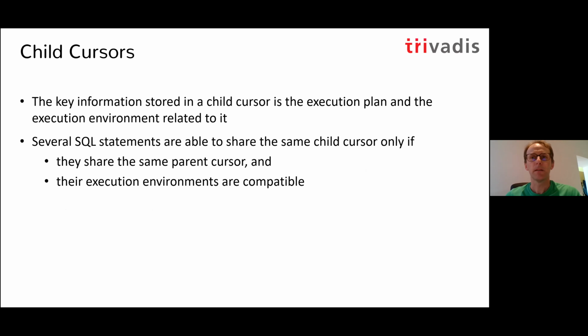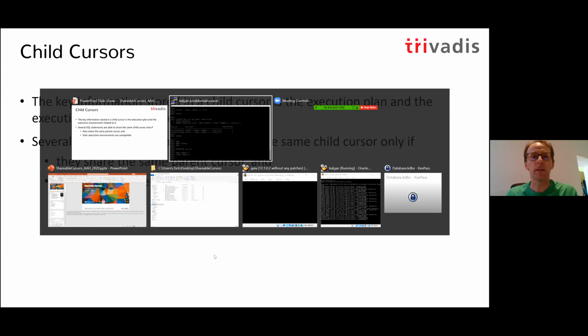Everything used by the database engine to execute the statement must be exactly the same, because if you re-execute the query in two different environments and they don't lead to the same output, then of course you cannot share parts of it. But if these two conditions are met, you can share a child cursor.